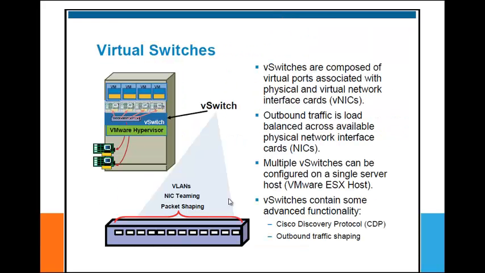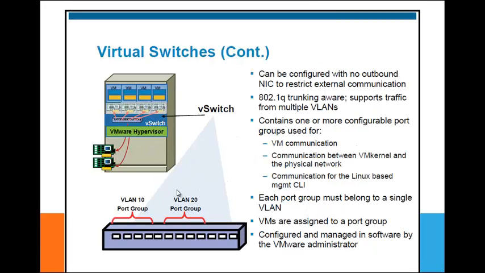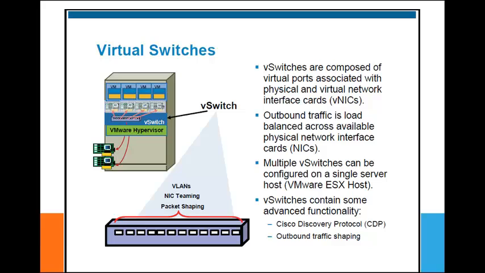Now the virtual switch also supports this. We can see here the virtual switch lying in the blue bar. The hypervisor is here, the physical NIC card is here, and then the virtual NIC cards, VNICs, are here.